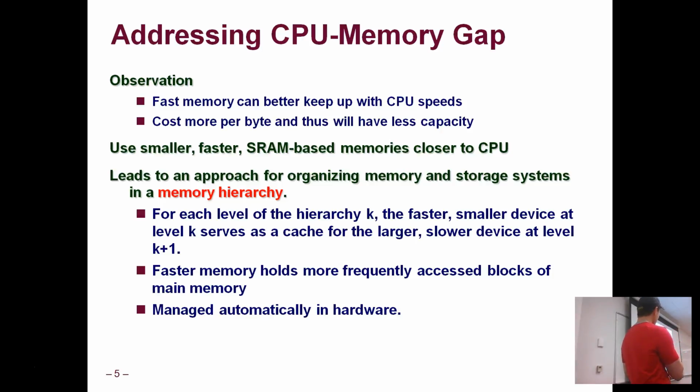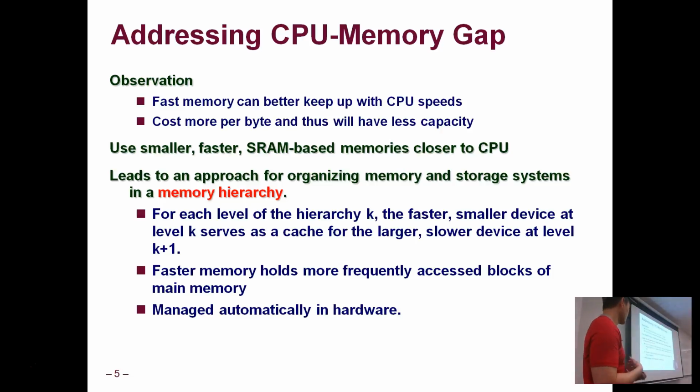Specifically, the way the memory hierarchy is organized is that we have hierarchy levels where, for example, level K has the faster, smaller memory device, and that will basically serve as a cache for level K plus 1, which has a larger, slower device.